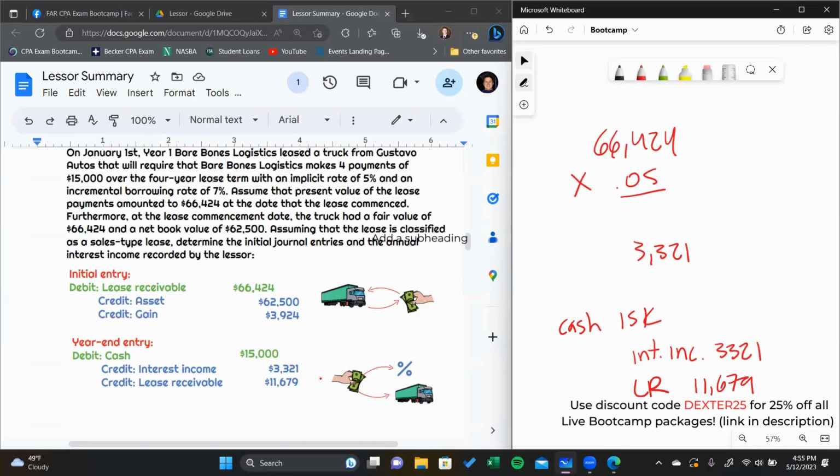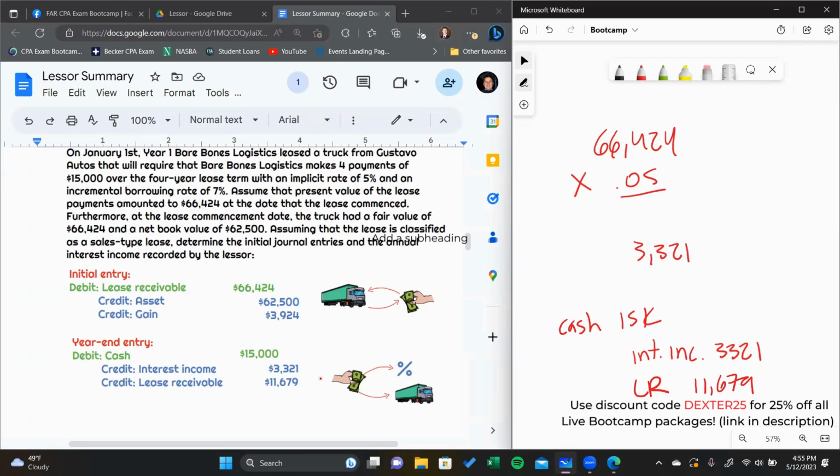Will present value of lease payments always equal fair value of asset given up? I would say for the most part, especially for the lessor, it doesn't make sense to lease an asset at less than fair value unless you have like a related party thing going on.